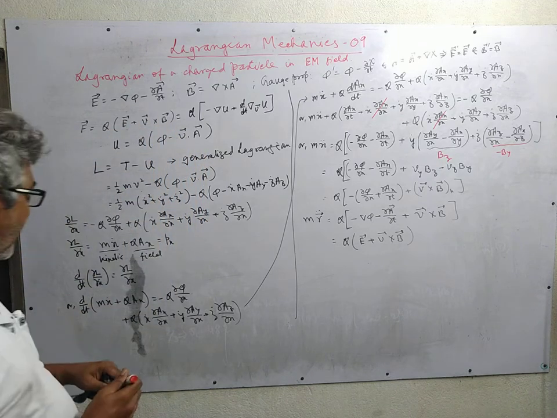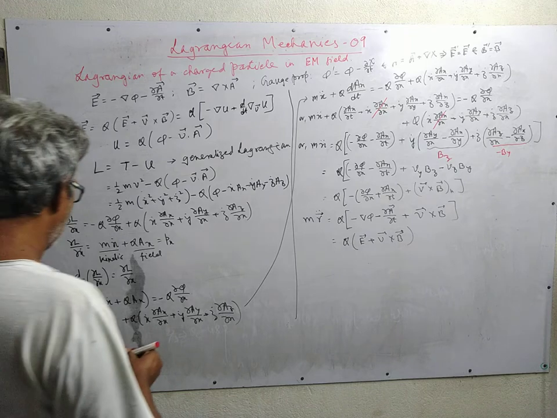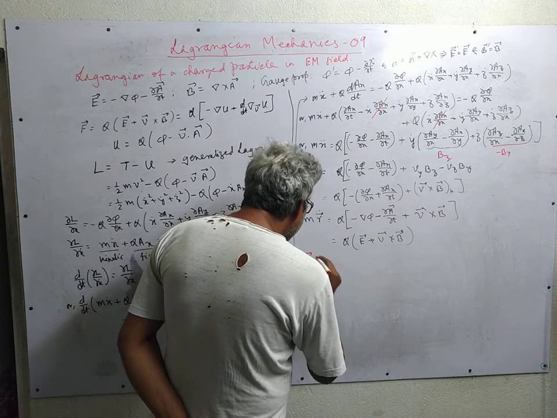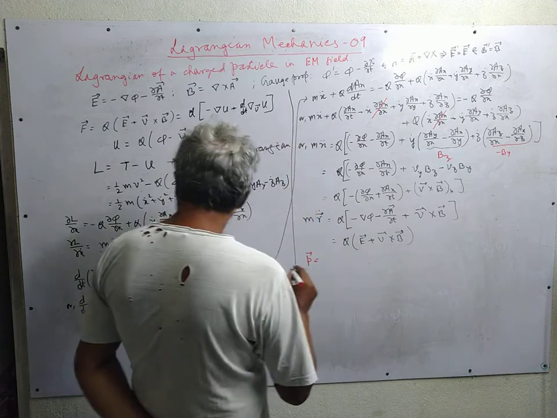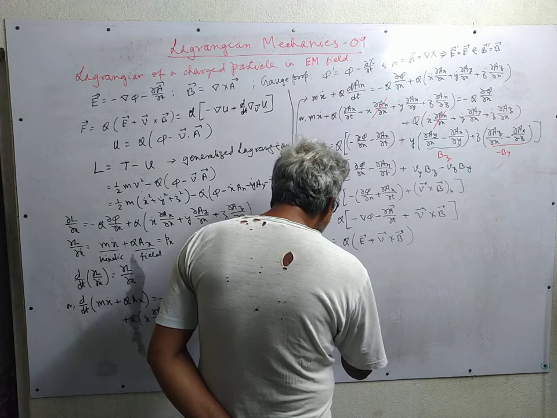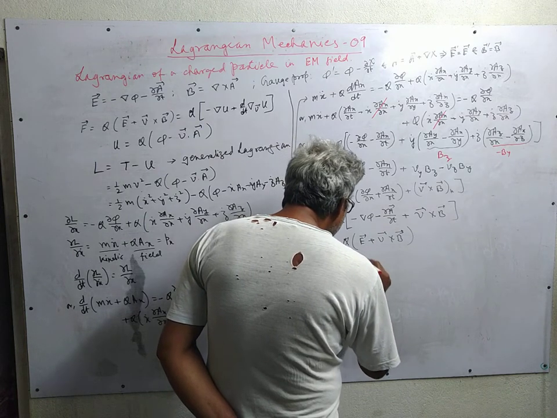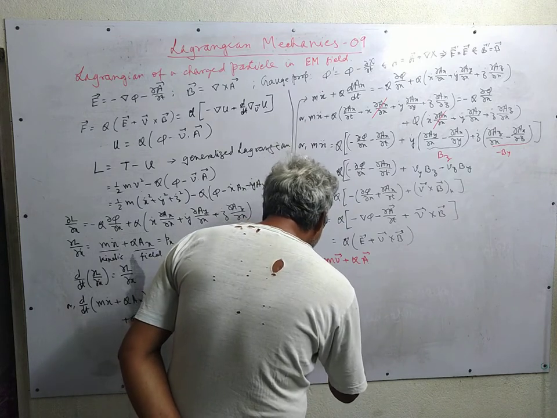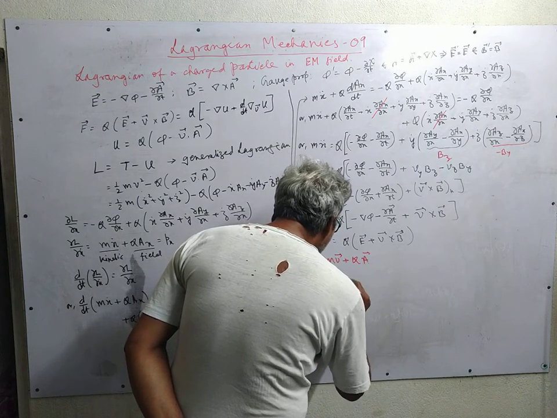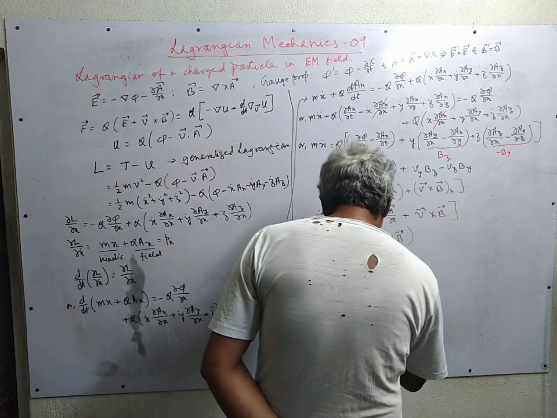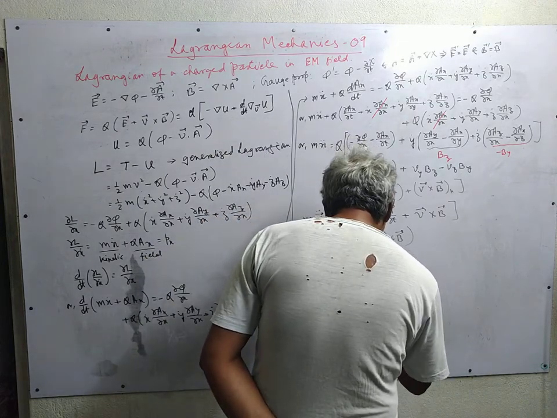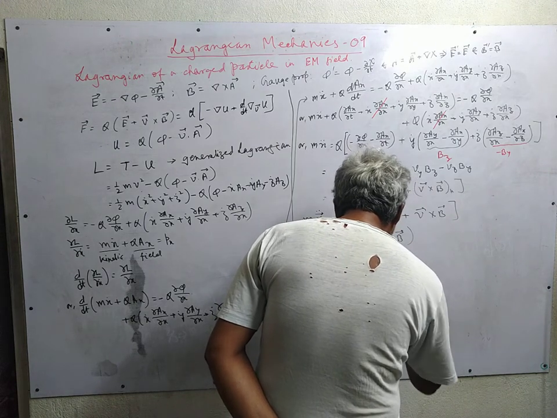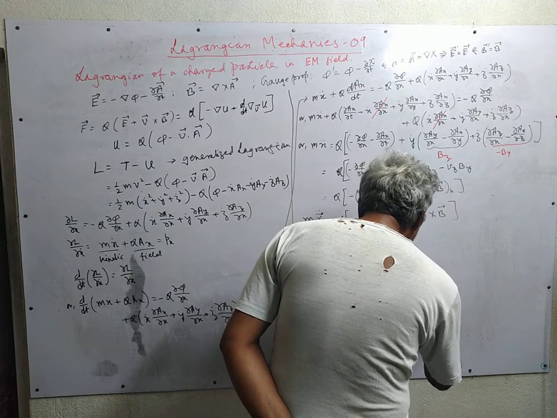One more thing, we have defined the momentum vector like this. So the vector momentum is this, which is mv plus qA. If we write kinetic energy T, this is half mv squared, which can be written as (P minus qA) squared by 2m.